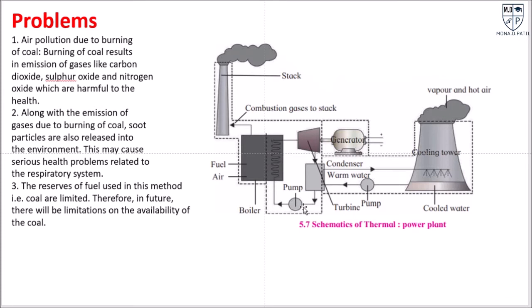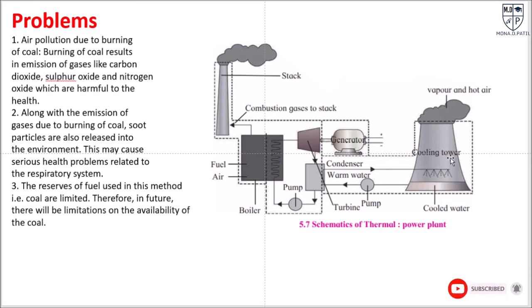The water in the cooling tower is circulated through the condenser. Heat energy in the steam is given to the water and the steam condenses back to water. The heat absorbed by the water is then released to the atmosphere through the vapor. This is the cooling tower. The heat absorbed by the water is released into the atmosphere through the vapor and heated air through the cooling tower.